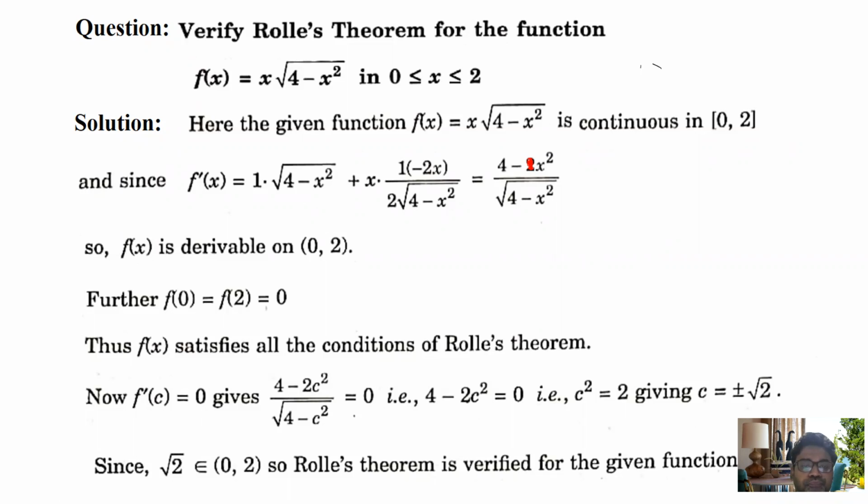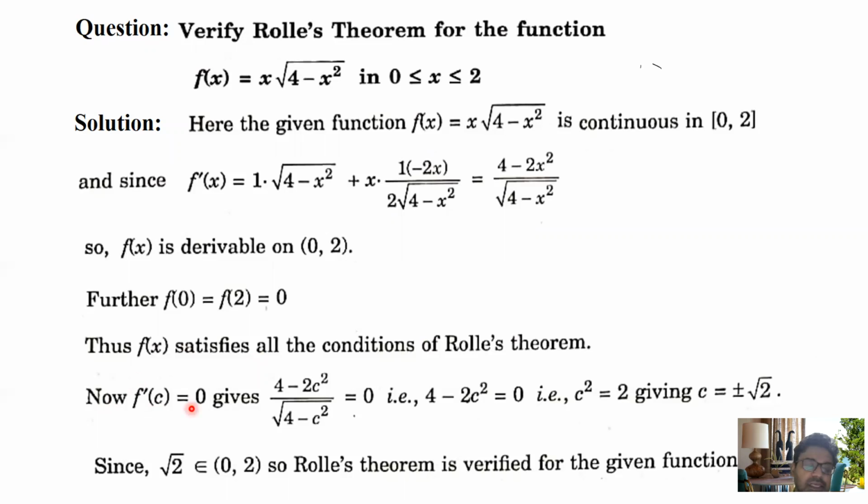And f(2) is equal to 0 when you put x is equal to 2 in the function, that is 4 minus 4, 0. So ultimately this third condition of Rolle's theorem is also satisfied. So thus f(x) satisfies all conditions of Rolle's theorem.